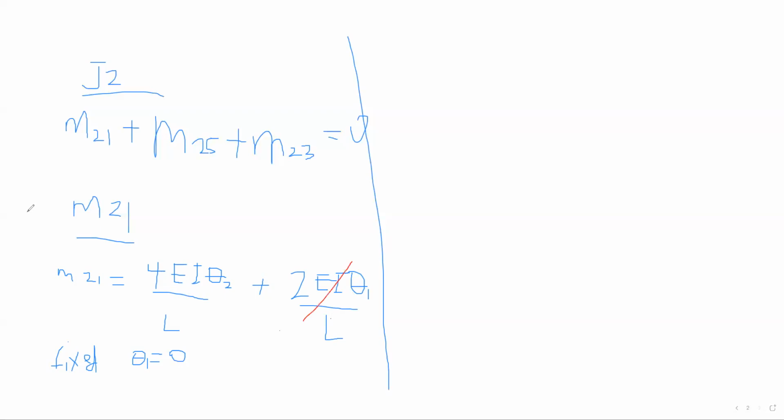And we are left with M21 equal to 4EI theta 2 over L. Very good.